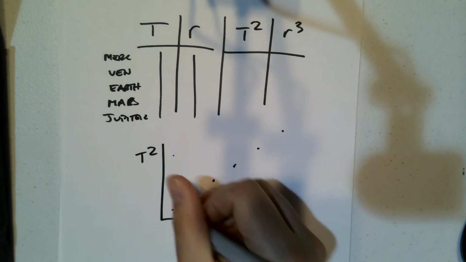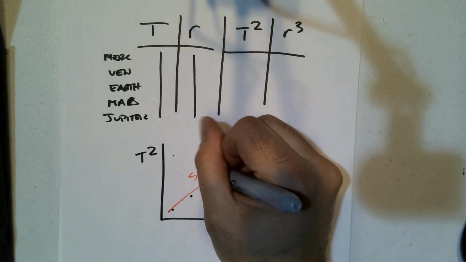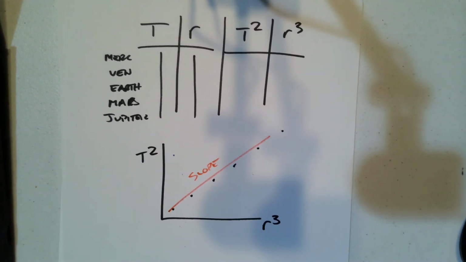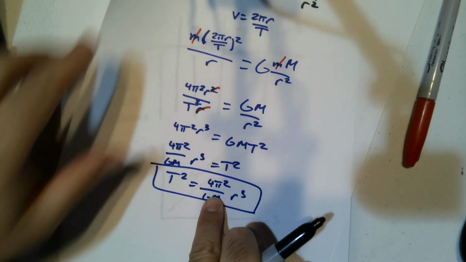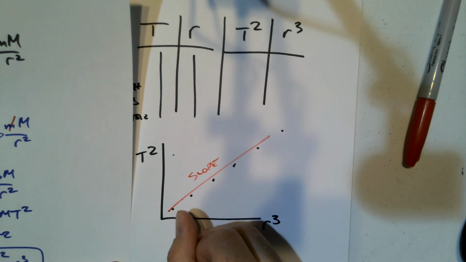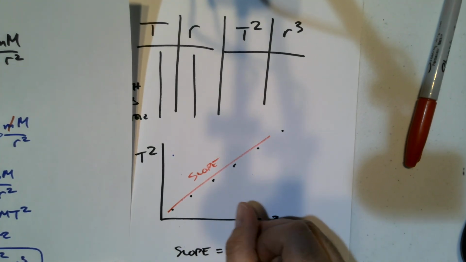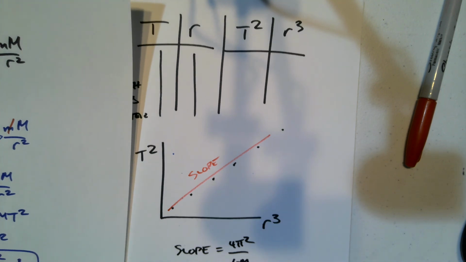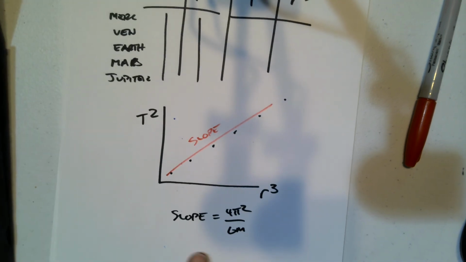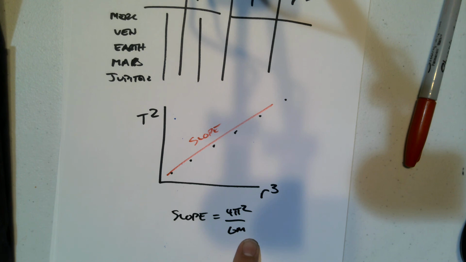And then what you do is you fit it, and you get the slope of that. And the slope is very important, because the slope is equal to this expression right there. So the slope equals 4 pi squared over GM. So once you get the slope of your line, then you're able to solve for the mass of your central body, the planet.